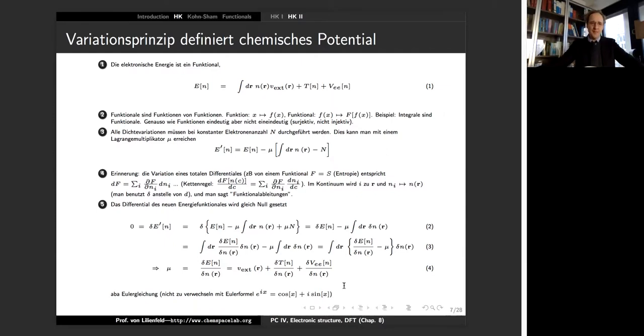So this is then a new auxiliary energy functional, and then we want this to be variational, so we have to consider the total differential.